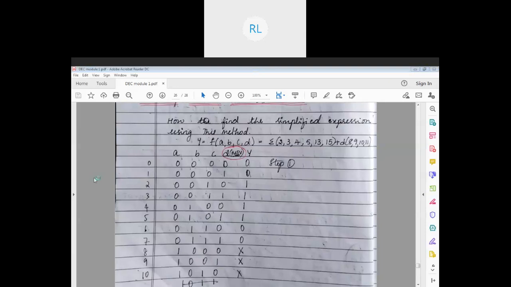Let me just annotate so it will be easy for you to understand. I will segregate it like this, two bits each. So this is my rule.